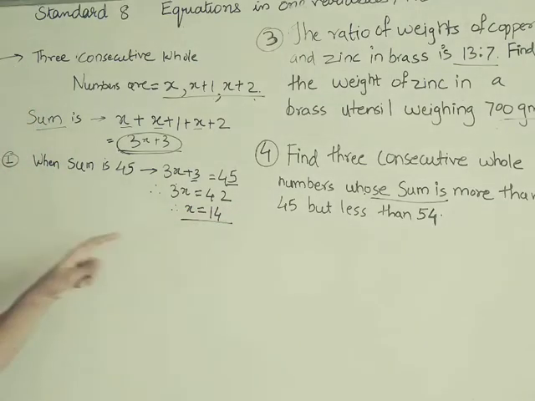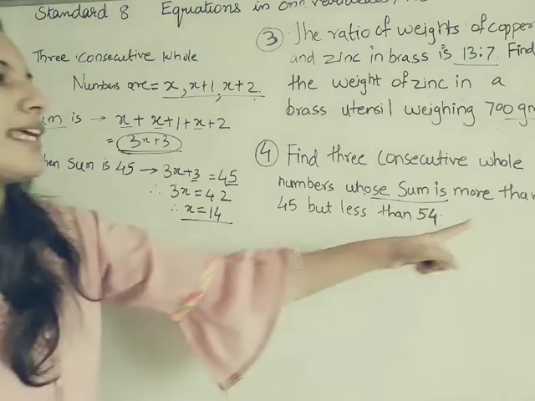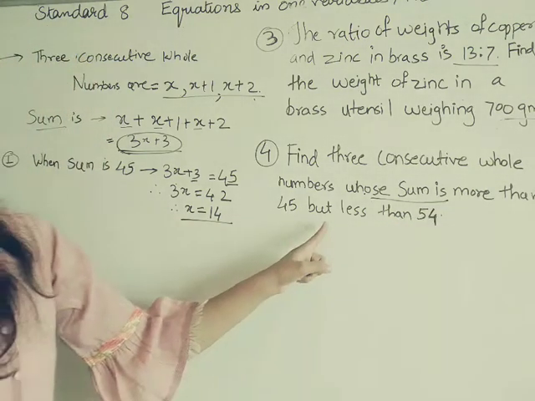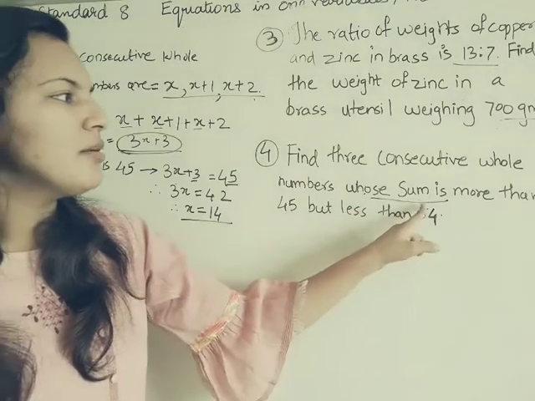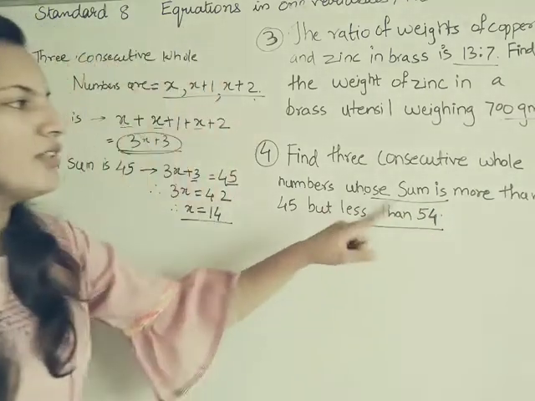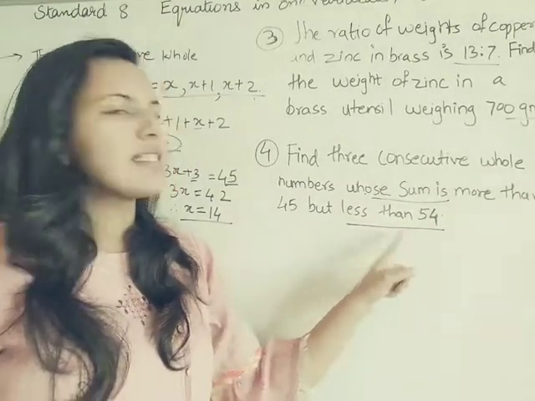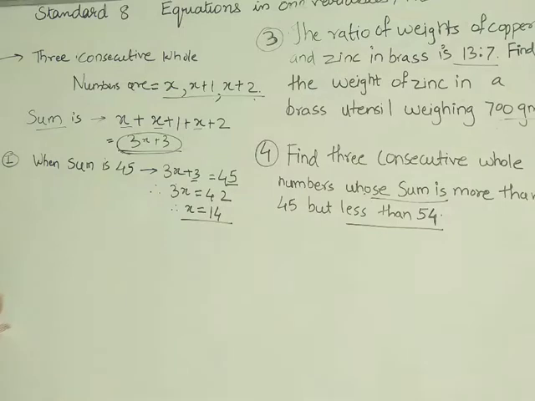Okay. So if x is 14, now the next case is the sum is less than 54. First case was the sum is more than 45. Second case is less than 54.